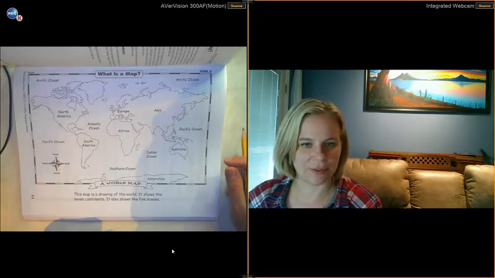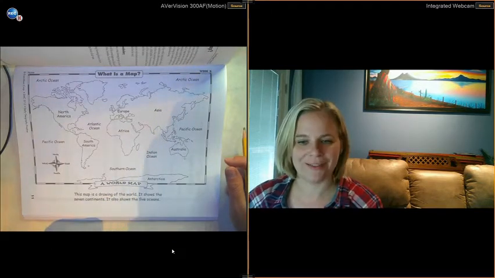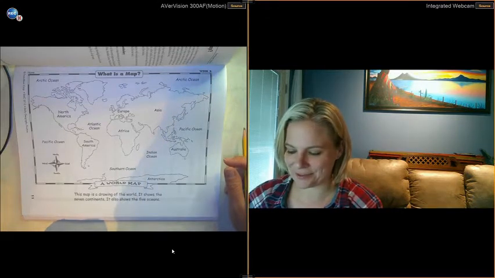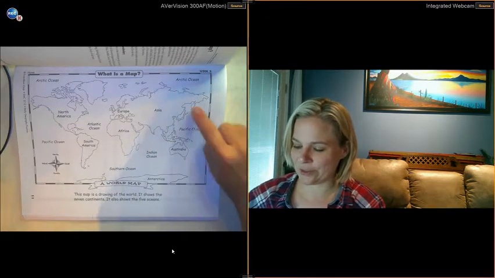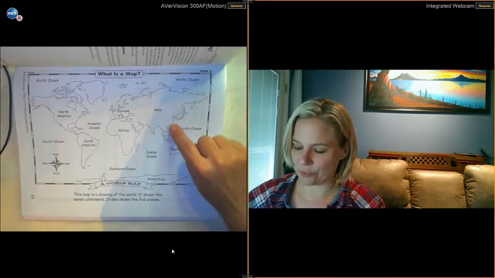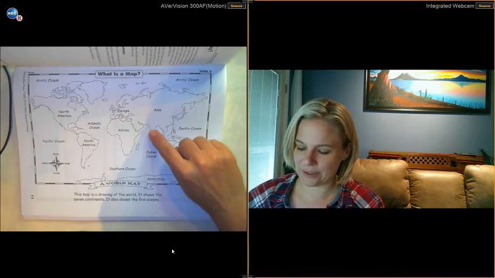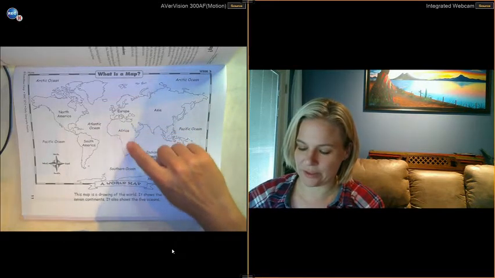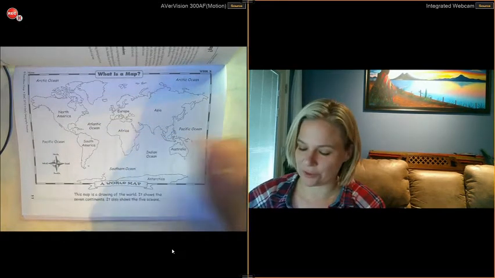Okay, and you can have a map of the world like this one. You can have a map of your bedroom. You can have a map of a city, state, lots of different things, right? So usually what a map is going to show us are some things like borders. This one doesn't show borders of the different countries, but I've seen lots of maps that do, and they have the lines on there.